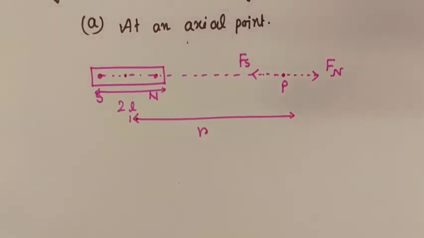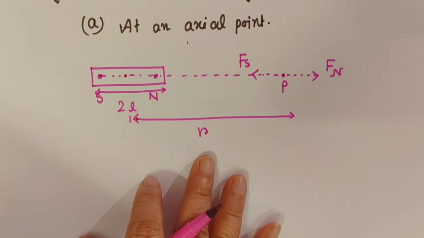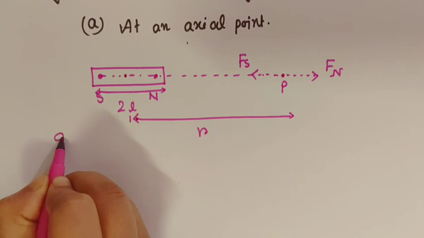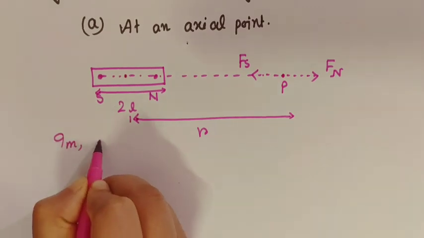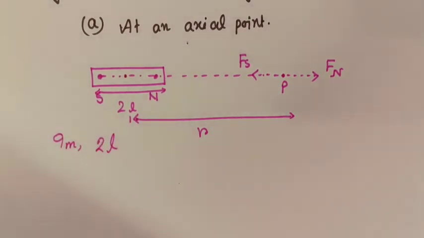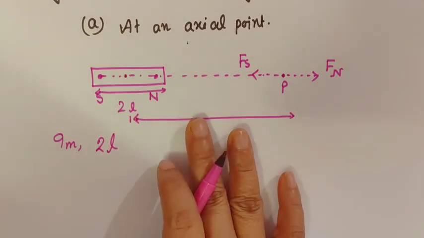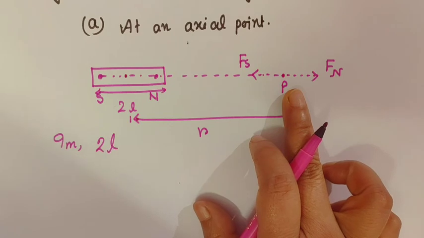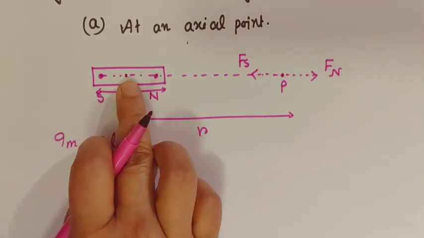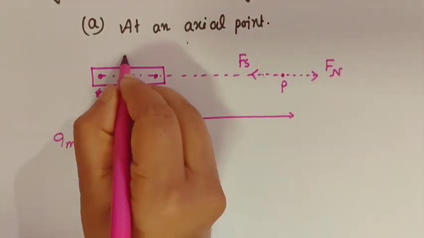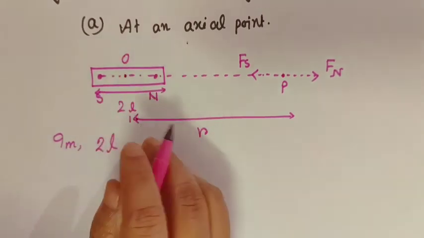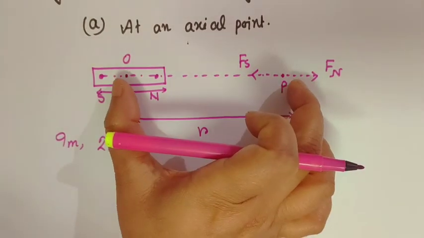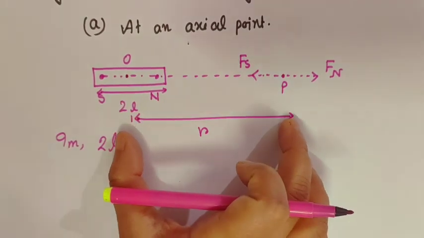Okay, this is our figure. So we consider a bar magnet of pole strength Qm and length 2l, as shown in this figure. The axial point P is at a distance r from the center of the bar magnet. Suppose this is O, the center of the bar magnet, and the distance between the center point and P is r.